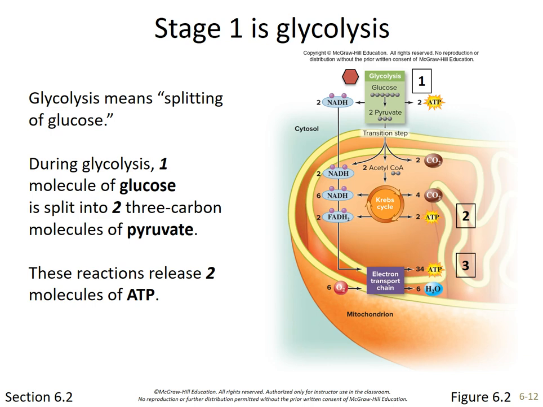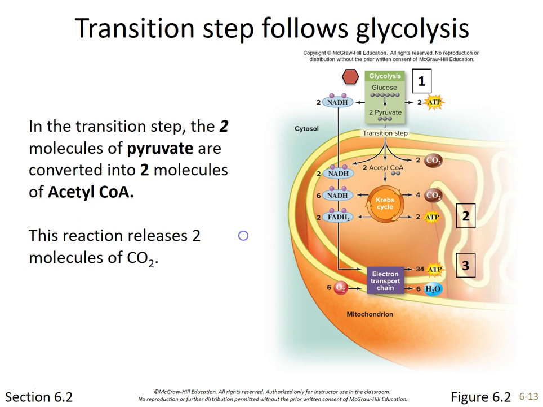Nothing is lost, chemical reactions just change its form. This first process releases two molecules of ATP. And notice you often see that ATP with a lightning bolt to indicate it's a molecule of energy. It's the energy currency of the cell.